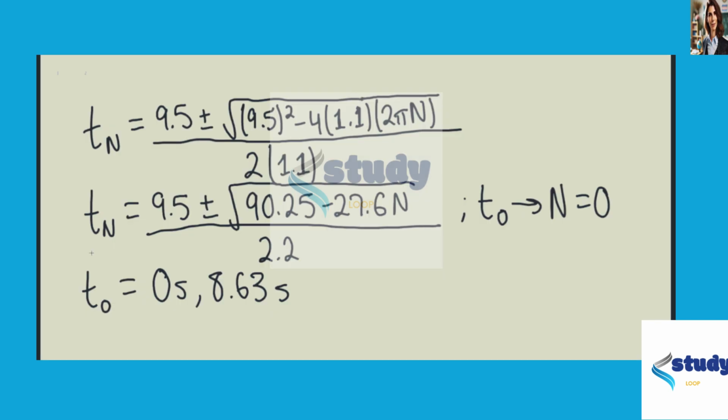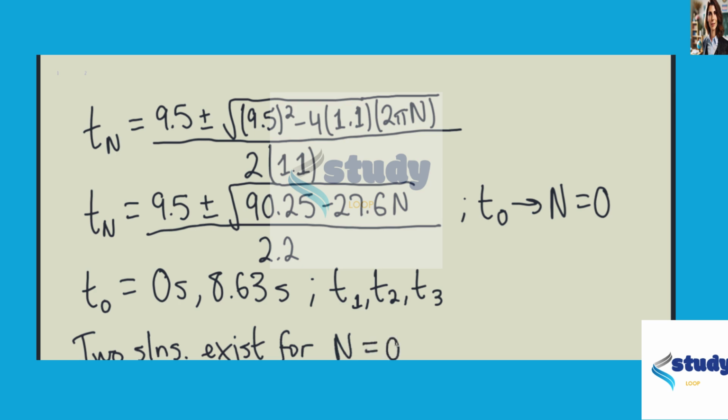So these two solutions make sense, and we can solve for t sub 1, t sub 2, and t sub 3. And we then know that if we do solve for these 3 more values, 2 solutions exist for n equals 0, n equals 1, n equals 2, and n equals 3.